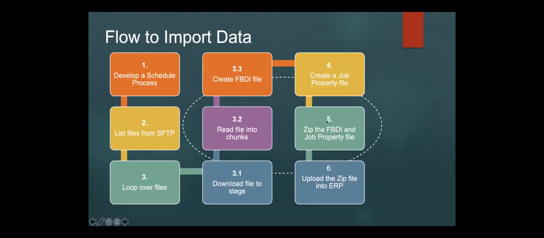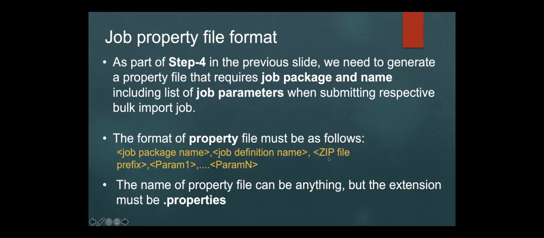In step 5, we are creating one zip file. Let's suppose the zip file you have named ABC_date and time.zip. So in the third parameter, you will provide the zip file prefix, like ABC. The first is the package name, the complete path of the package, then the job name, and the zip file prefix.